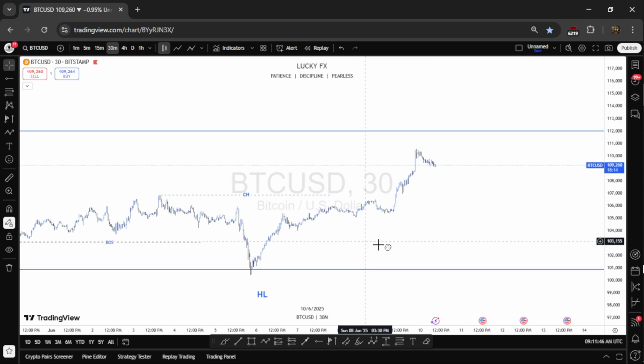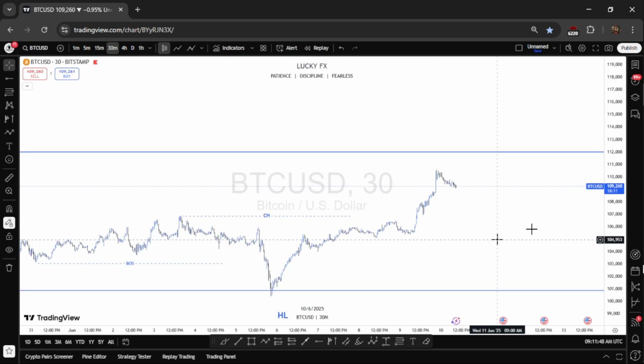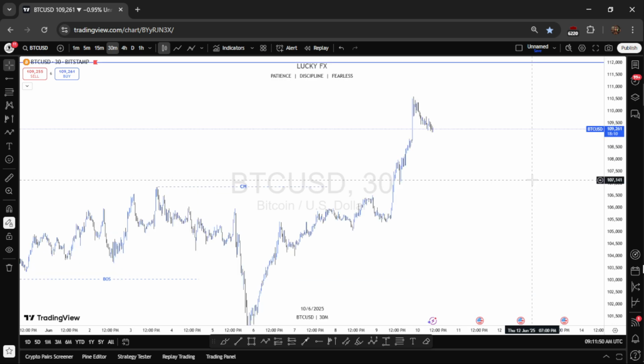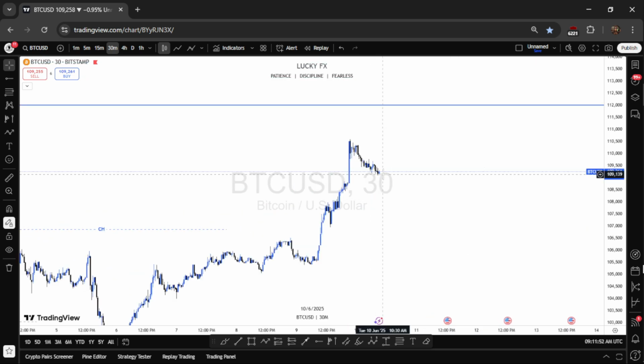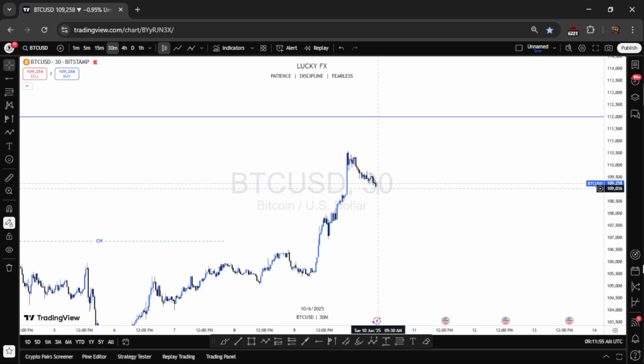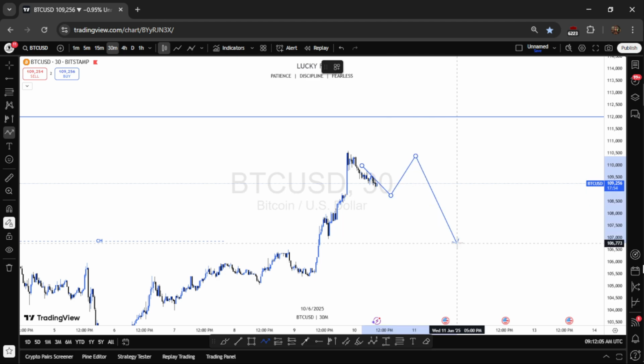So I'll be waiting, or I'll see whether I can take some trade, wait for price to drop, giving me some kind of variation, right?